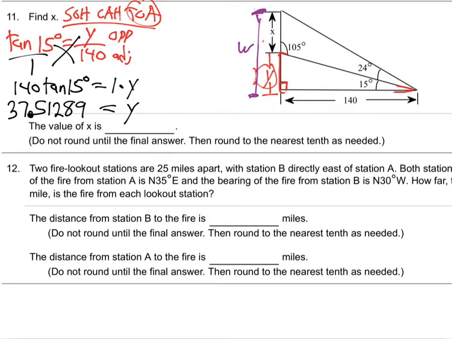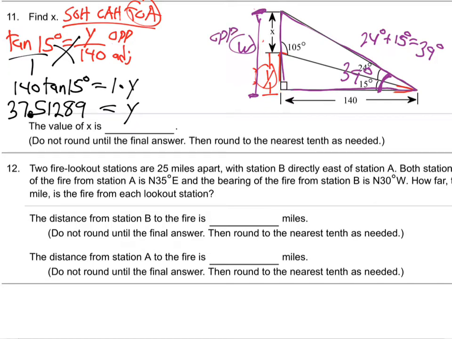I can do that if I recognize that this whole angle here, so now I'm looking at the entire triangle, these added up, 24 degrees plus 15 degrees, is 39 degrees. So this is a 39 degree angle. W is the opposite. It's a big right triangle again, isn't it?